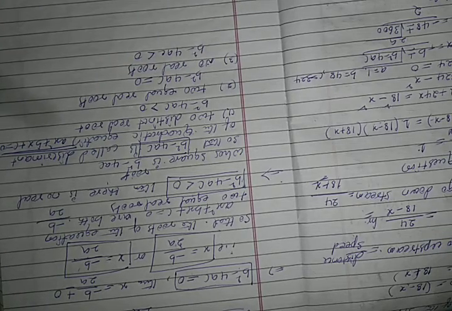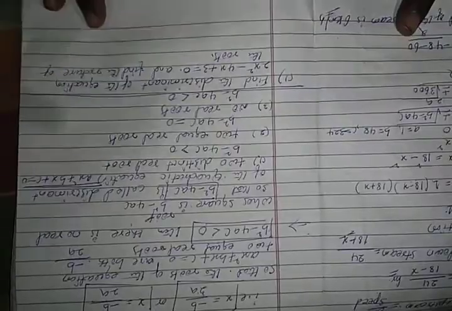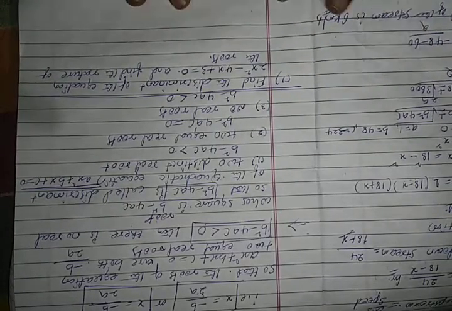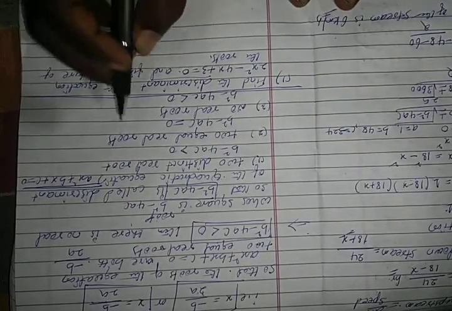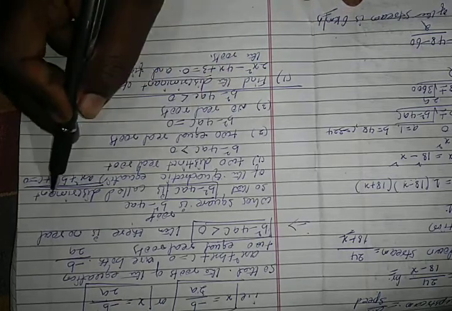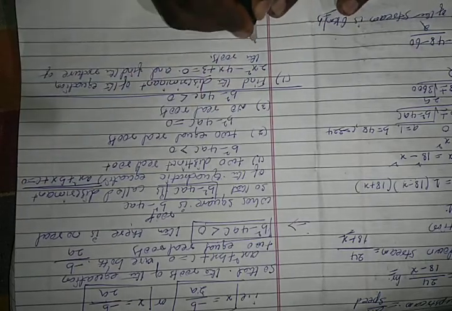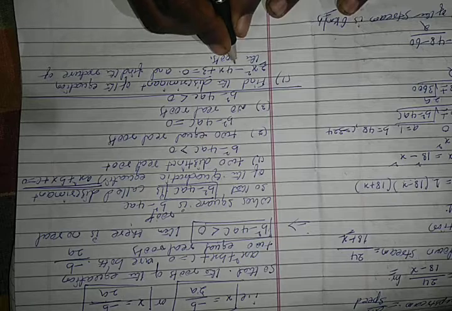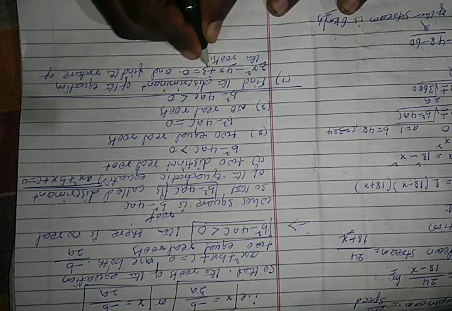So let us see the examples. First we shall find the discriminant. We already know that b square minus 4ac is called the discriminant. Let us check. The value of a is 2, the value of b is minus 4, the value of c is 3.